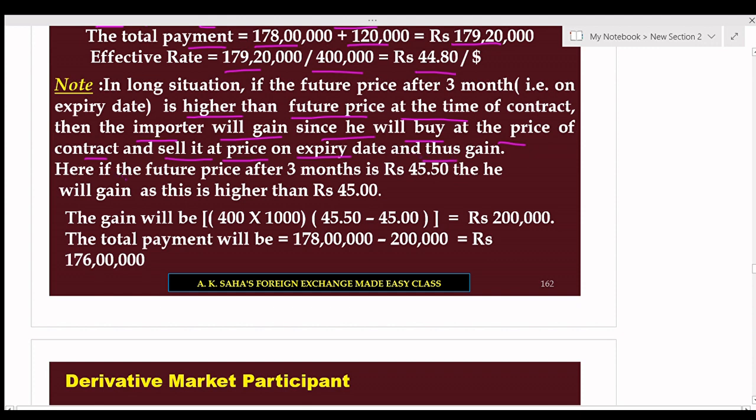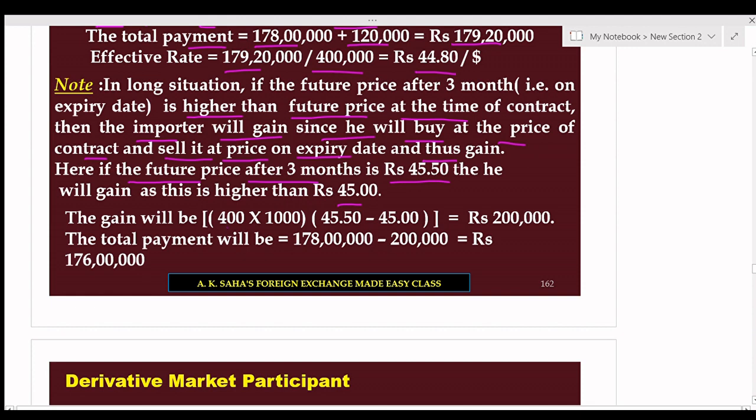Here, if the future price after 3 months is rupees 45.50, then there will be a gain, because the expiry future rate of 45.50 is higher than the spot future rate, which is 45.